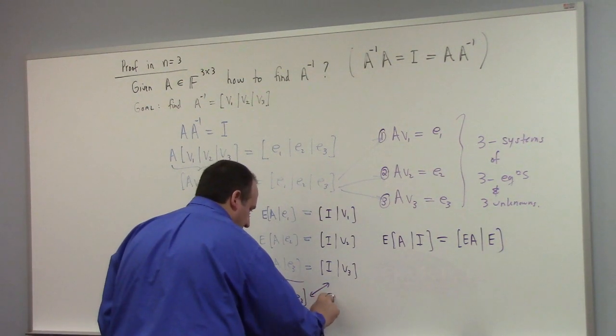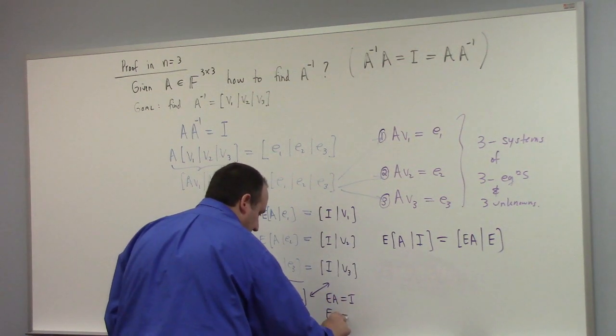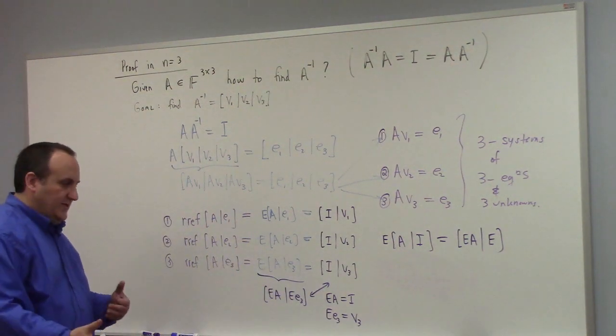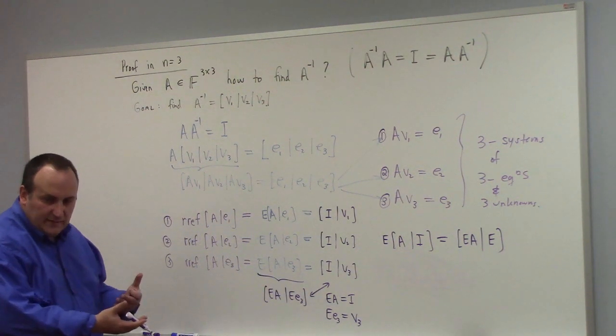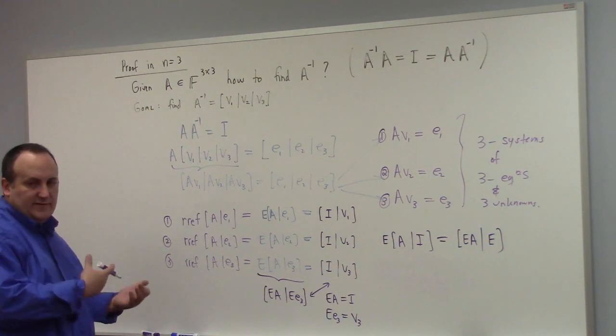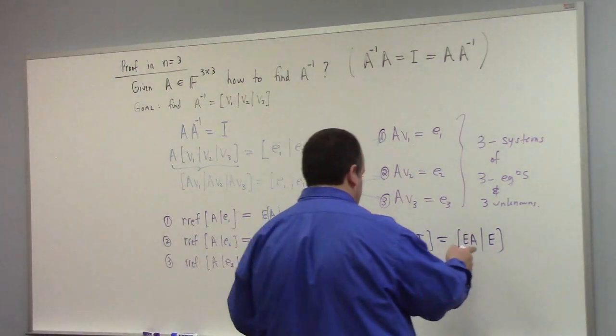Which means that EA is equal to I, and EE3 is equal to V3. Which is another way of saying that column 3 in the elementary matrix is in fact the third column of the matrix that we're trying to invert. Anyway, more to the point here, this is equal to what?